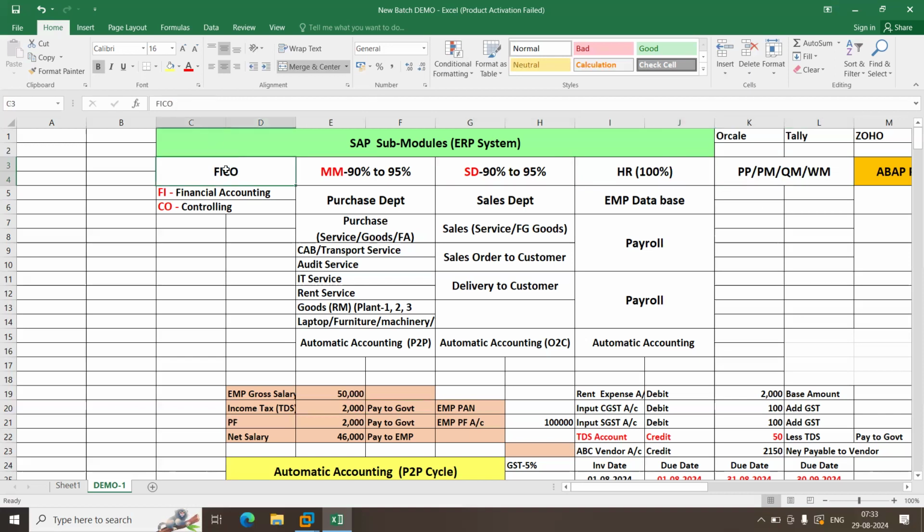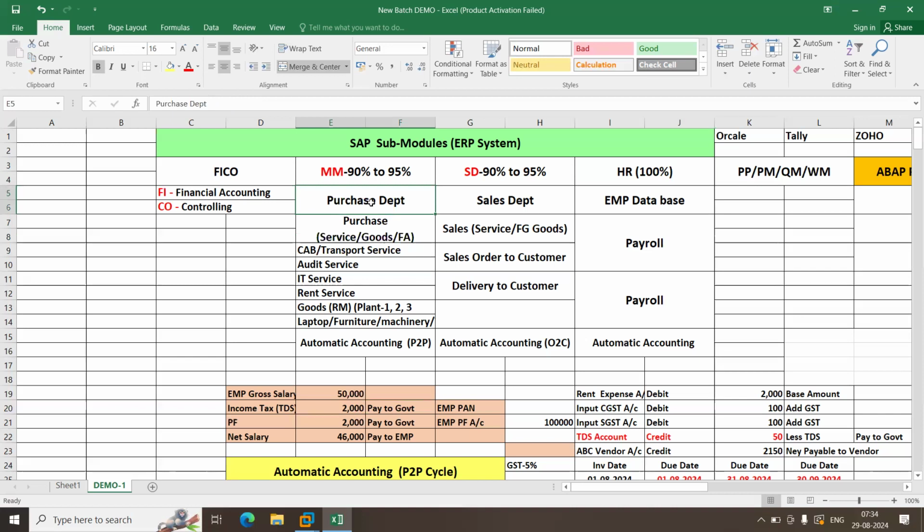Now, coming to the overview I gave, the purchase department, what activities they are going to perform day to day, and the sales department, what are the activities. Whatever you are going to purchase can be services, goods, or assets. As a finance person, I'm not going to deal with the vendors.